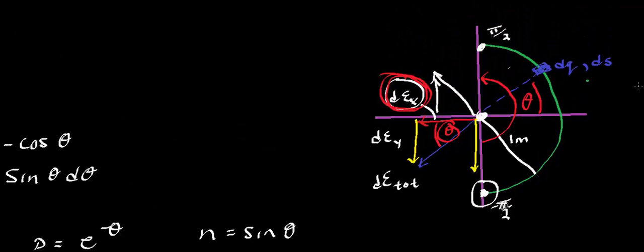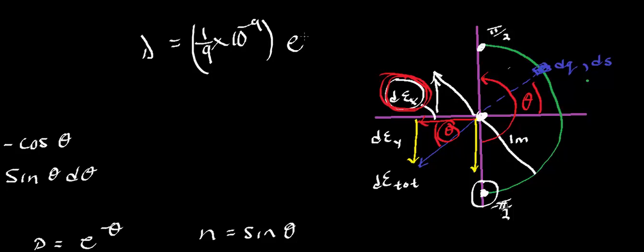If we look at our picture, if we go back to what our lambda was equal to, 1/9 times 10 to the minus 9th, we really don't care about this constant out in front, but it's essentially e to the minus theta, in units of coulombs per meter.